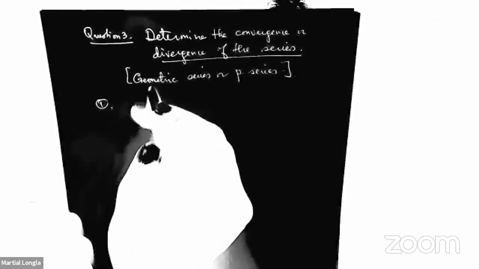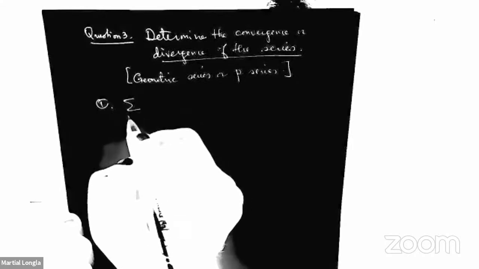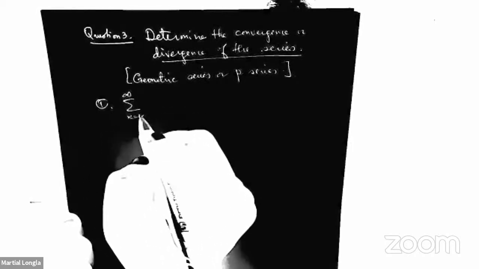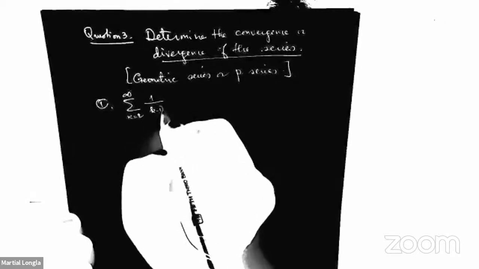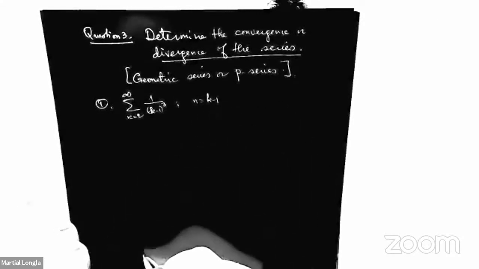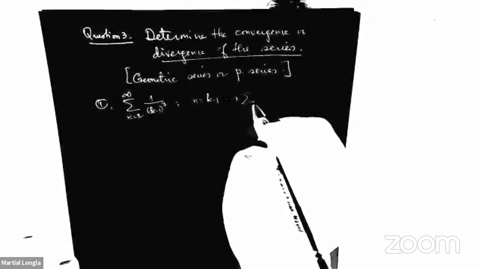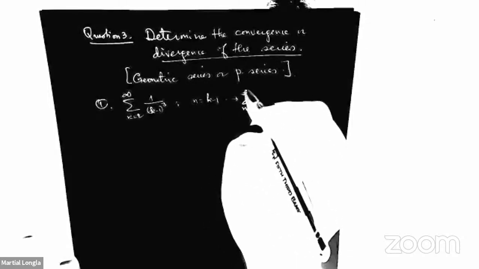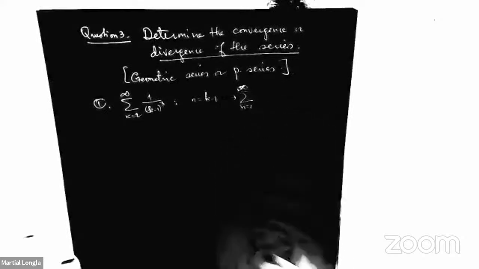So first on this is the sum from 2 to infinity of 1 over (k minus 1) cubed. When you look at that, you see, oh okay, what I can do here is replace n equals k minus 1. And I'm going to have the sum with n from 1 to infinity. Why?